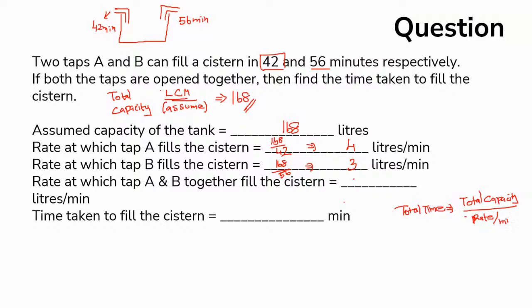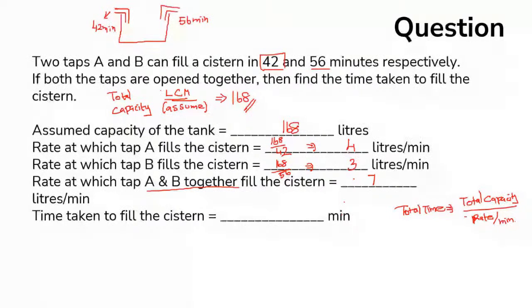If both taps A and B are kept open together filling the crescent, how many liters will be filled in a minute? The first pipe fills 4 liters per minute and the second pipe 3 liters per minute. If you add it, it is 7 liters per minute.